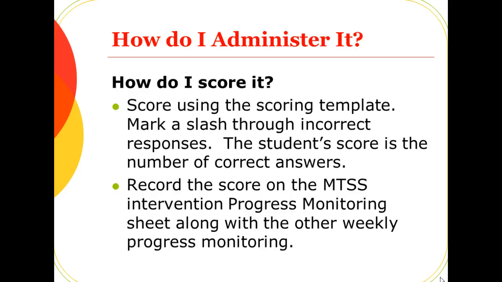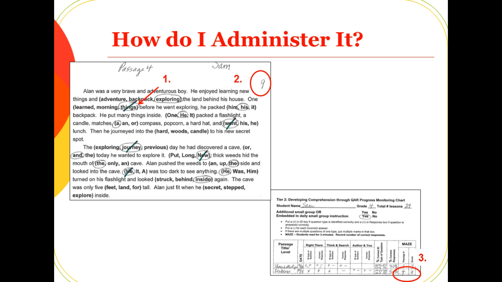The student's score is the number of correct answers, so the number of words that they circled correctly. You're going to record the score on the MTSS Intervention Progress Monitoring Sheet, along with the other weekly progress monitoring for that intervention. So again, here is the student's passage, Sam's passage 4.